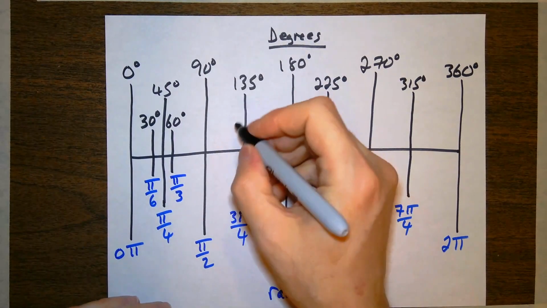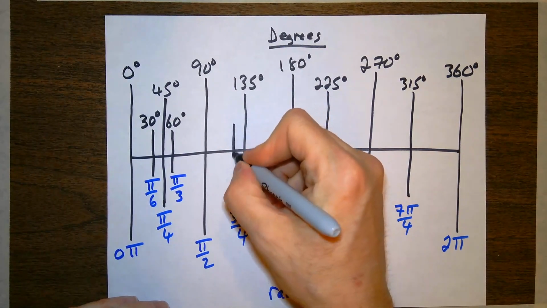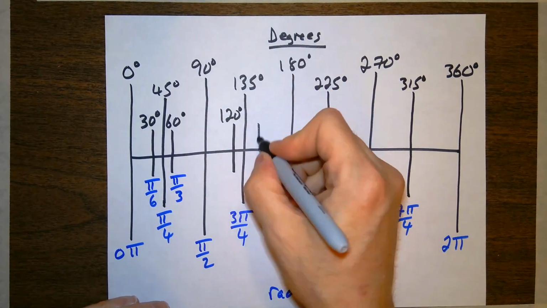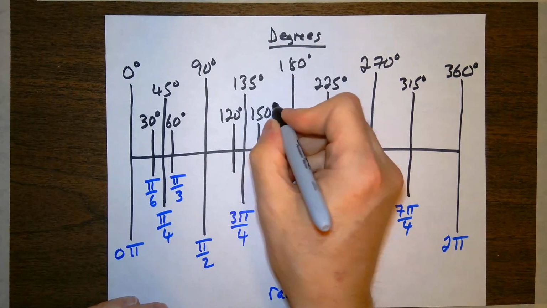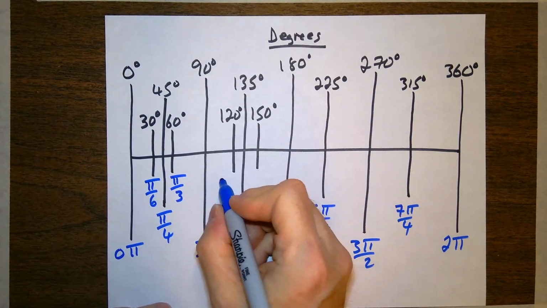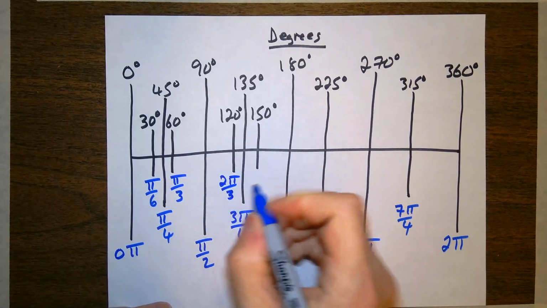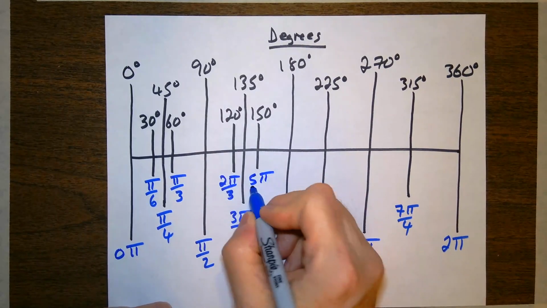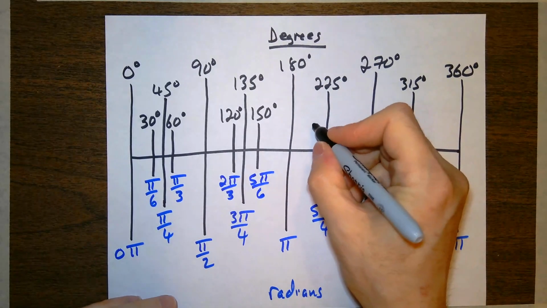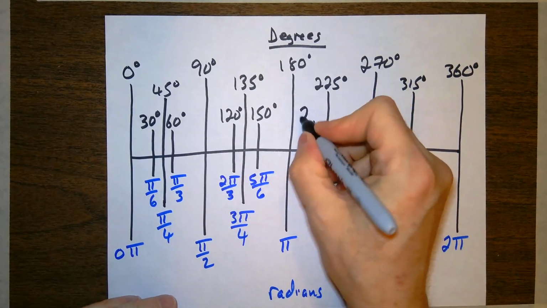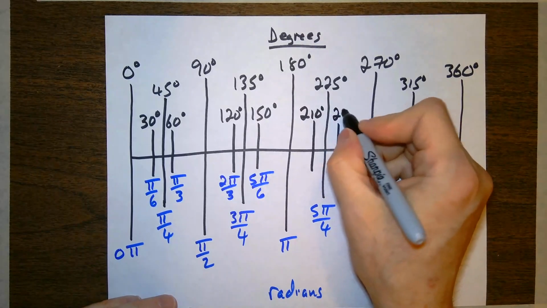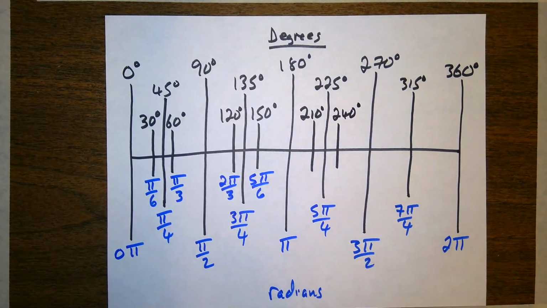So here, on either side of 135, I'm going to have 120 degrees and 150 degrees. The corresponding radian measures would be 2 pi over 3 and 5 pi over 6. In the third quadrant, I'm going to have 210 degrees and 240 degrees.